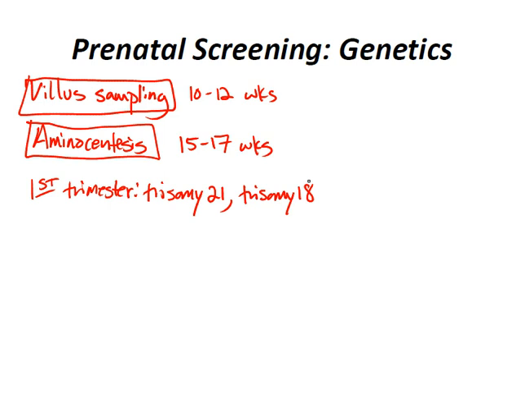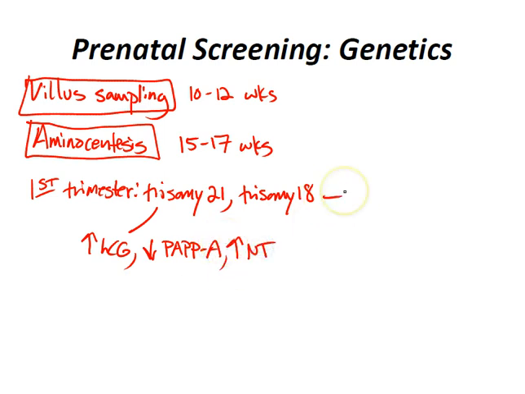Measures of maternal serum levels of HCG, pregnancy-associated plasma protein A, or PAPP-A, and fetal nuchal translucency, also known as NT. So in trisomy 21, you'll see an increased HCG, decreased PAPP-A, and an increased NT.